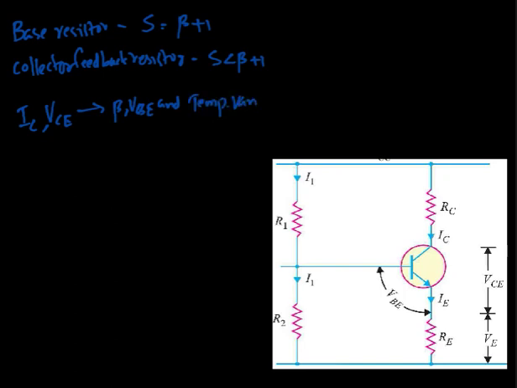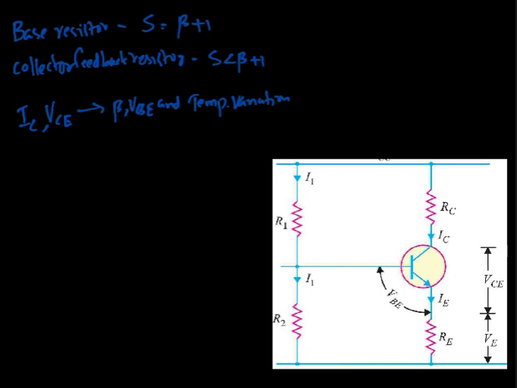So we have to design a circuit which provides a constant zero signal collector current and collector emitter voltage, independent of the variations in beta, or the current amplification of the transistor, and base emitter voltage, that is replacement of the transistor, and temperature variations in the circuit.